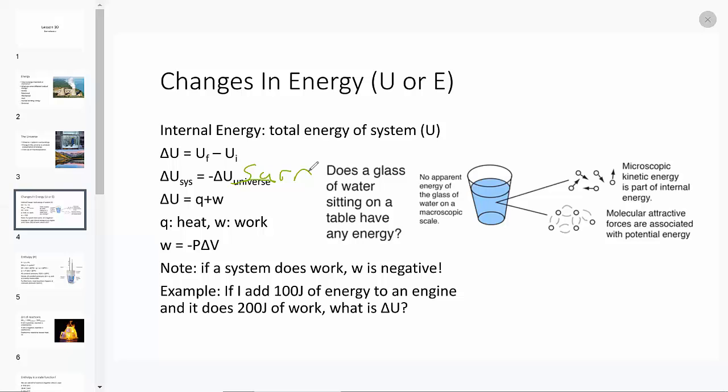Okay. So delta U in thermodynamics, we can often say, has two components: heat and work. Heat is self-explanatory. Heat is different from temperature, though.